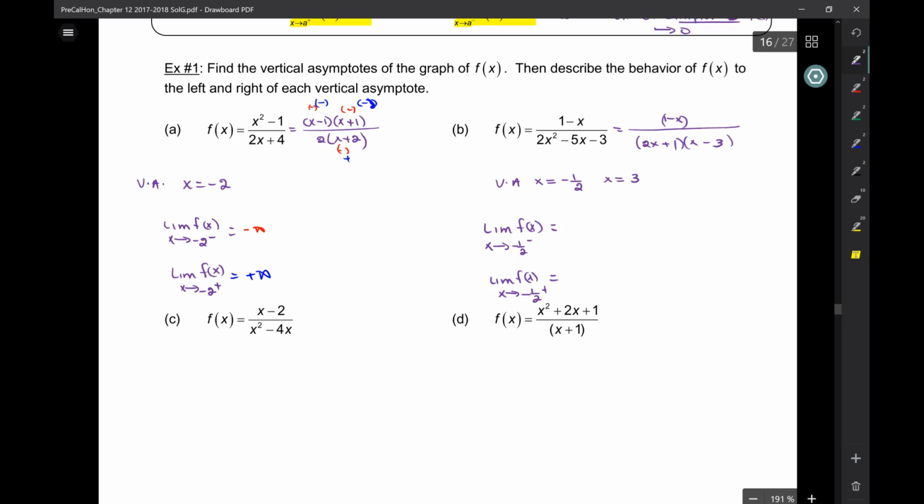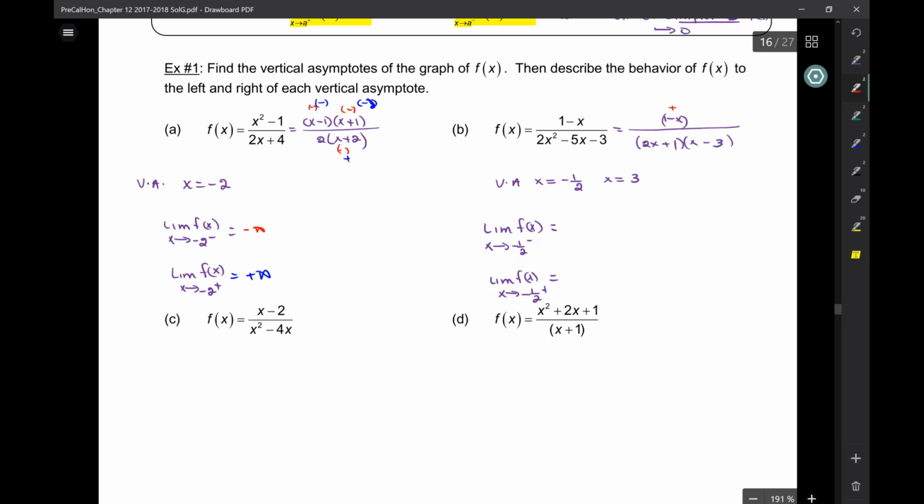Okay? All right, negative 1/2 from the negative side, that's like negative 0.51. So if I put negative 0.51 up here, I'm going to get positive.